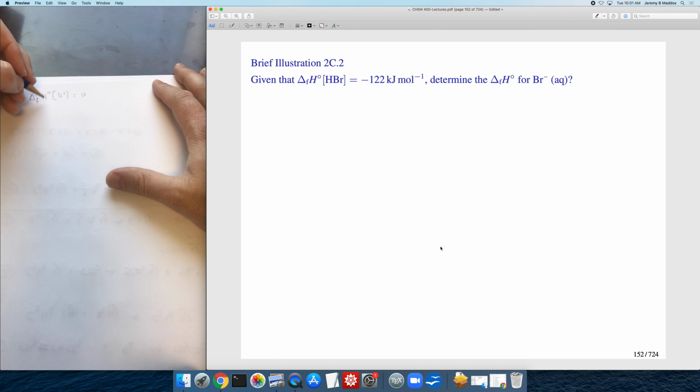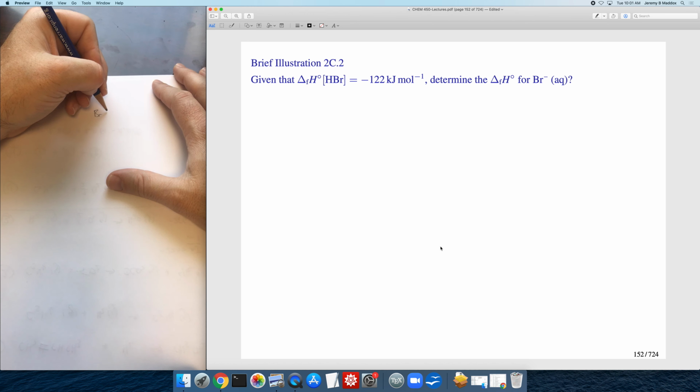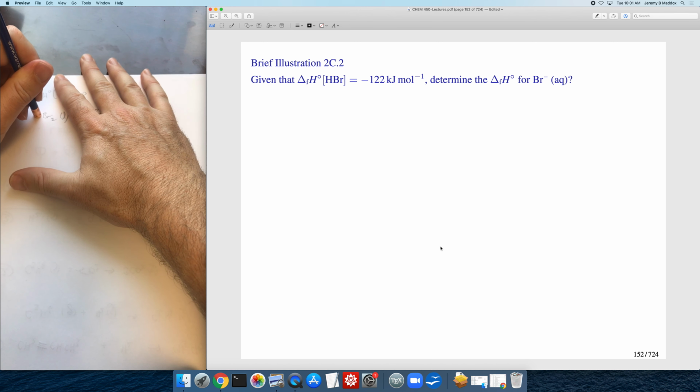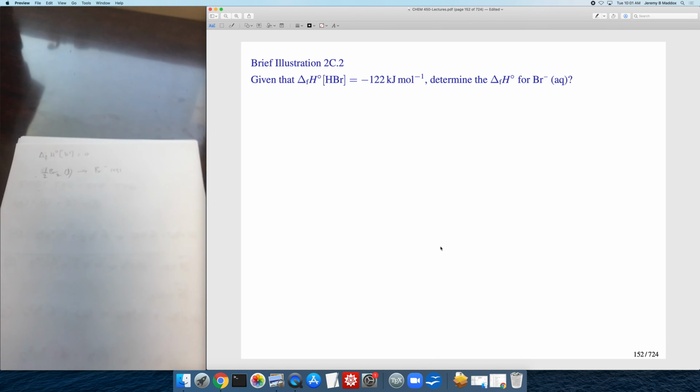Anyway, let's work out the formation reaction for bromide here. We'd have 1 mole of bromide aqueous. And then we would have, I should put a 1/2 here, a 1/2 right there.